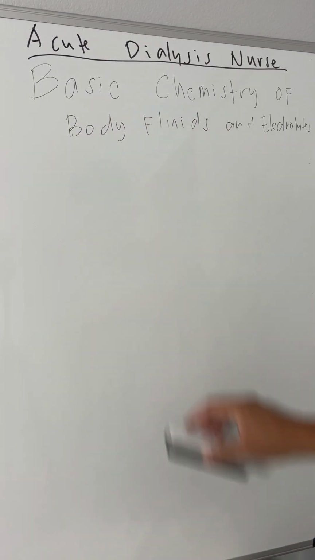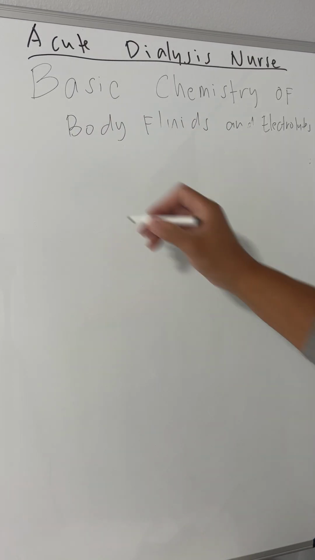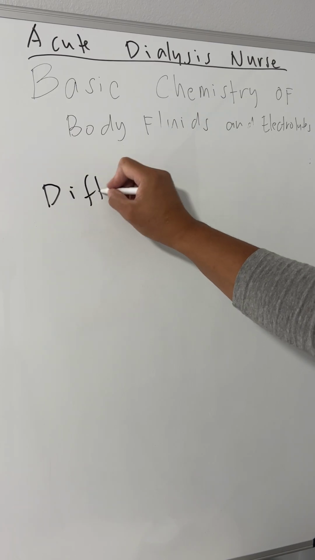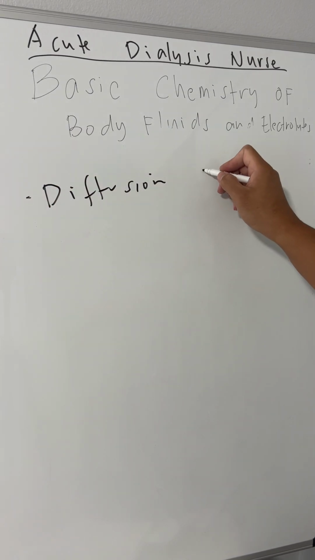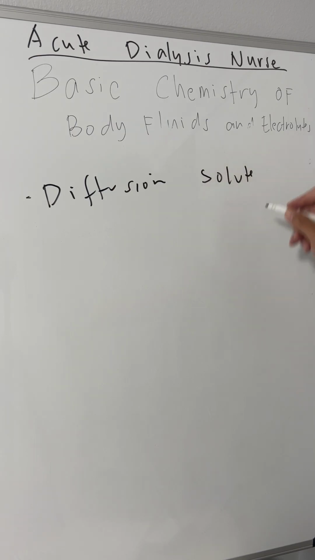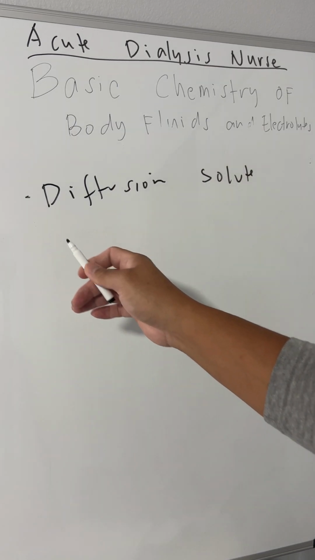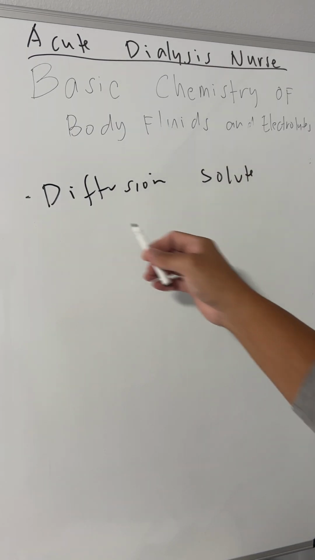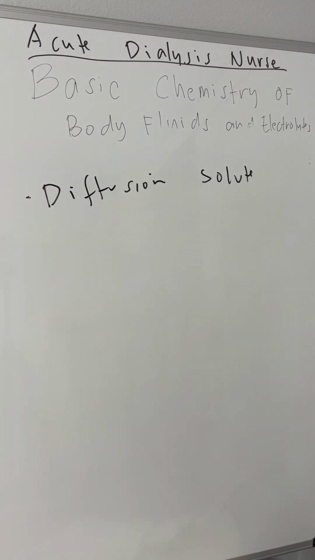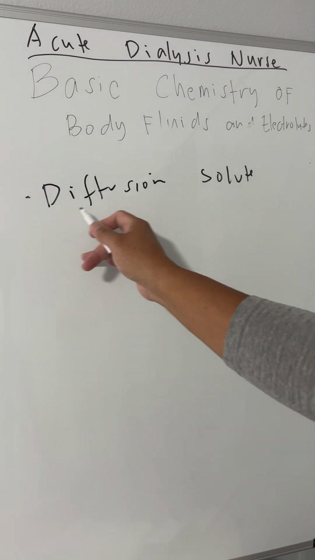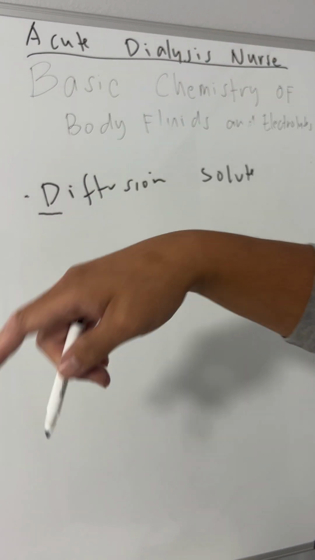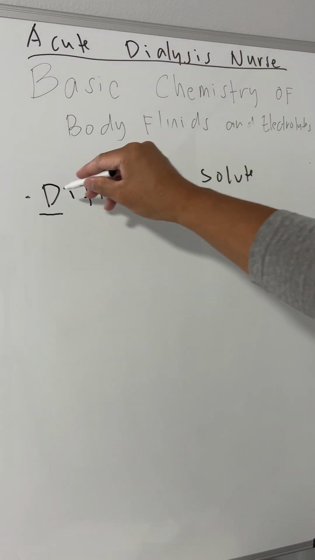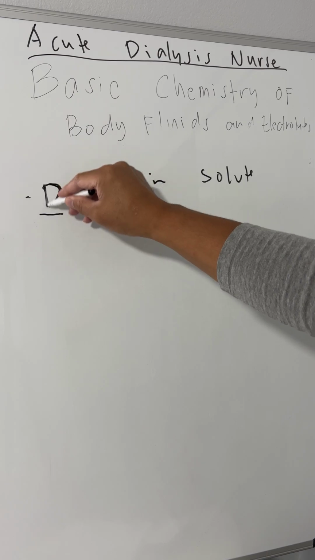Okay, so we discussed diffusion already. Next term is diffusion. So again, solute. This is my clue for you guys. If you're having a hard time remembering the word diffusion, just say it's going down. Diffusion, D, going down.